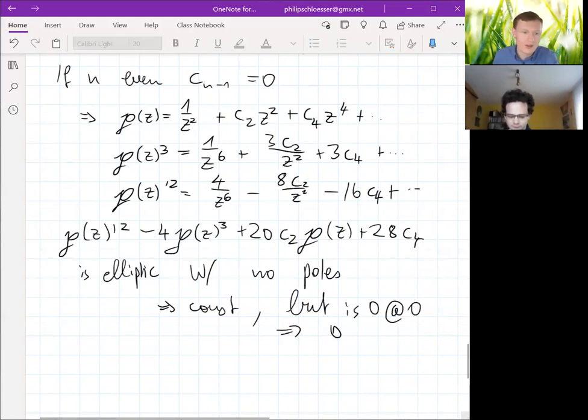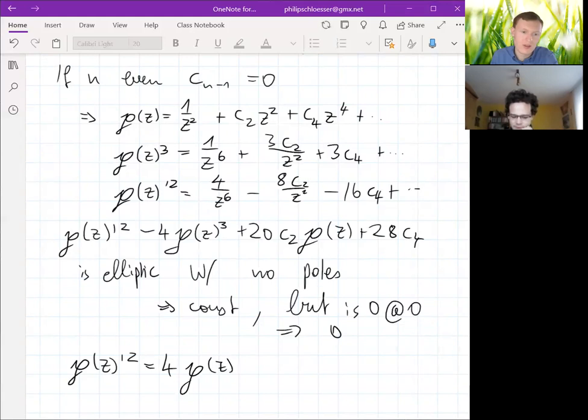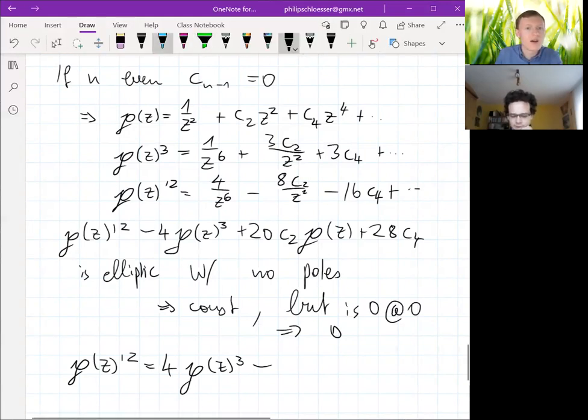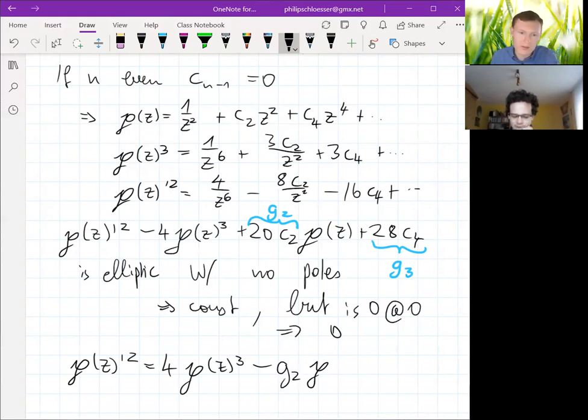Meaning that the derivative squared is equal to 4 times the function cubed minus, and I'm going to call this term here G2 and this term G3, minus G2 times P of Z minus G3.